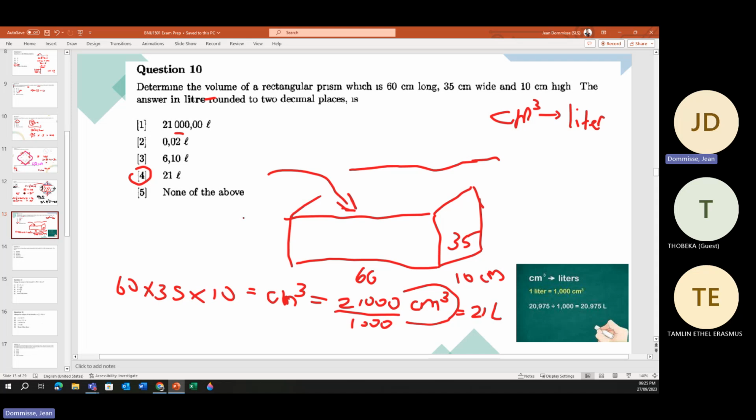So that is liters. It could also have been kiloliters or milliliters. Depending on which one we work with, there's the link to liters, but there will also be links to other measurements as well. Okay, so that one was on volume, and specifically the link from cubic centimeters to liters.